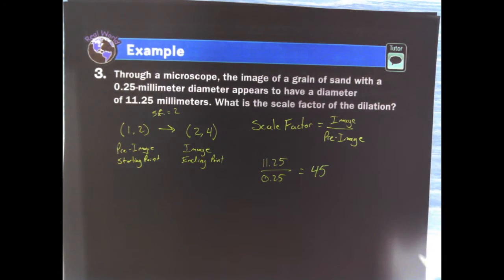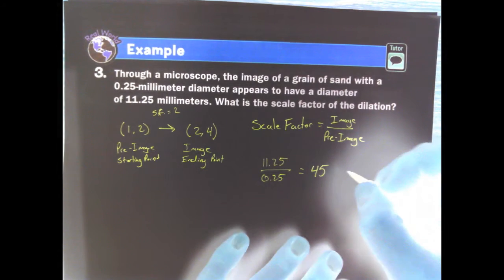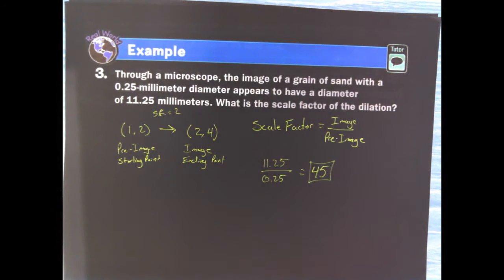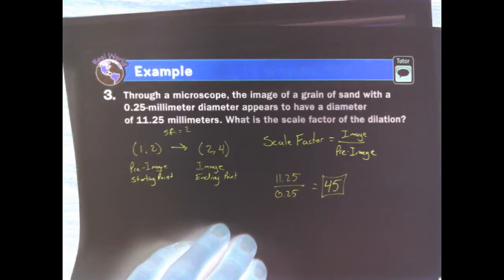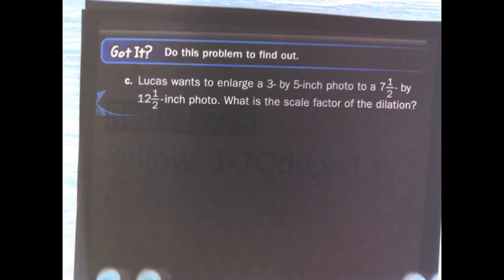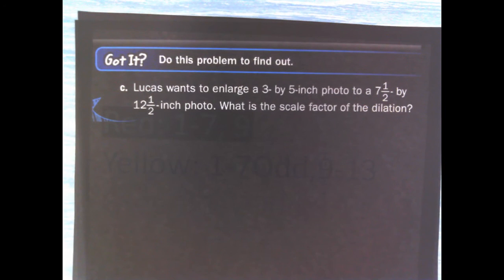So what you're looking at would be 45 times larger, or the scale factor is just 45. Don't forget scale factor, image over pre-image. Now, take a look at C, try that one on your own, and I'll be back in a minute to take you through it.